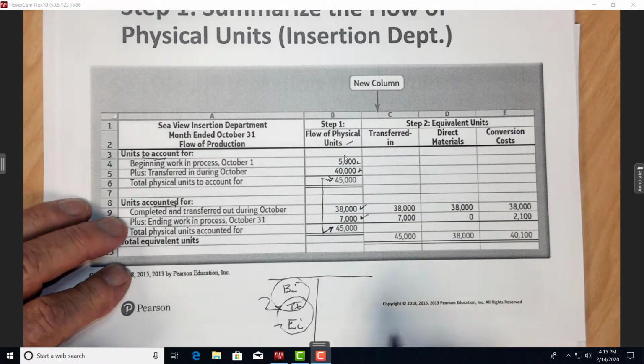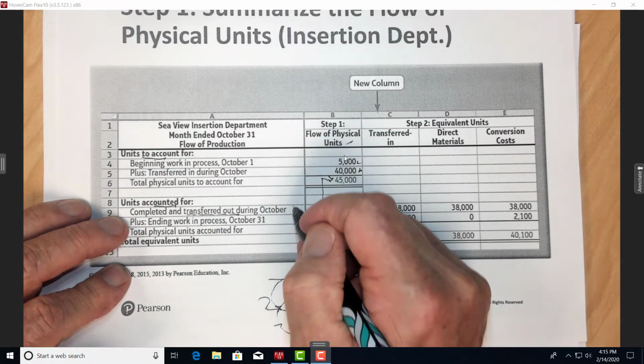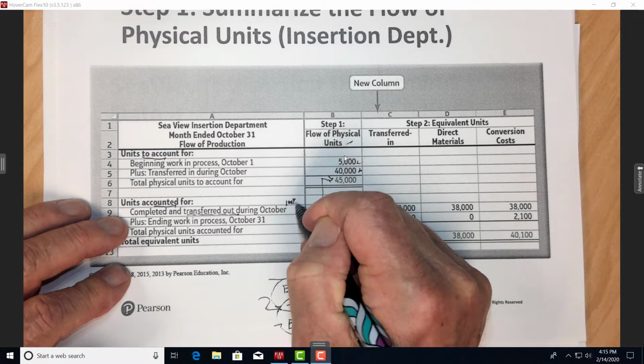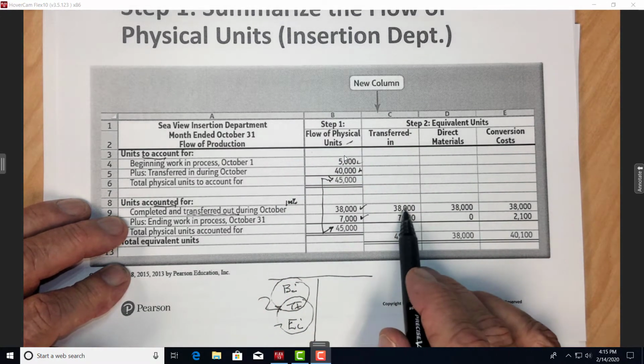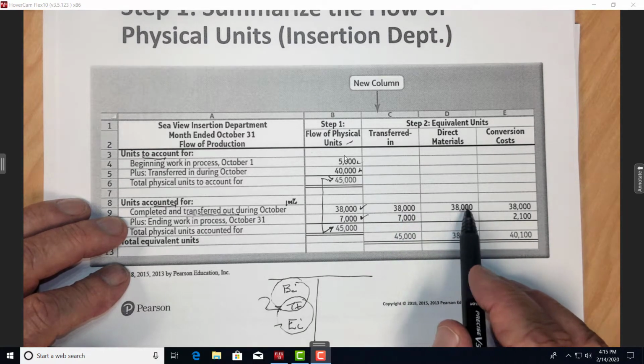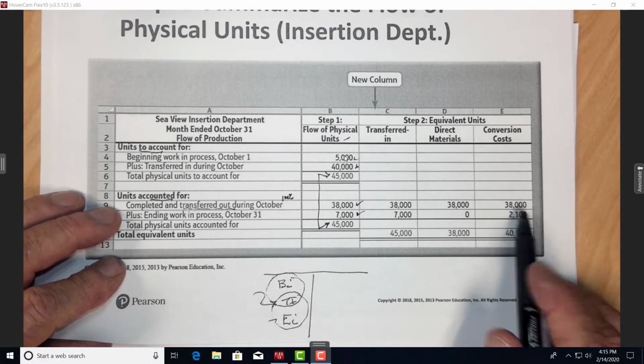And when it says transferred out, it means that the units going out are 100% complete. So the 38,000 transferred out are completed in terms of the direct materials and completed in terms of the conversion costs.